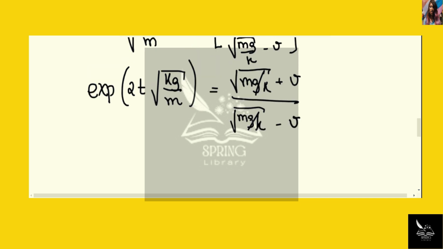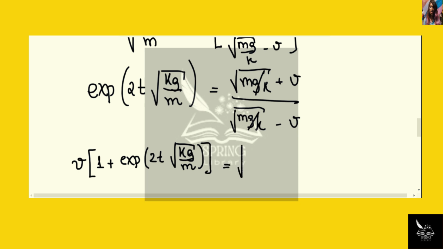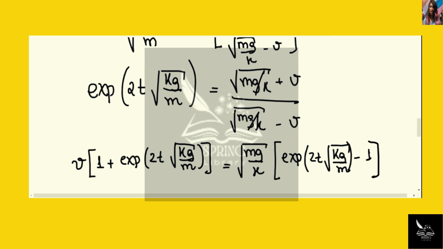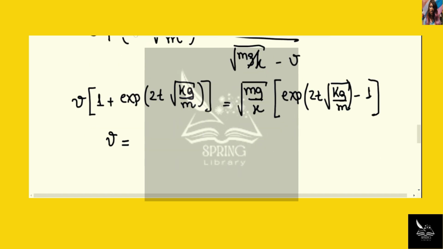Multiplying both sides by the square root of mg over k minus v, we have v times 1 plus the exponential of 2t times the square root of kg over m is equal to the square root of mg over k times the exponential of 2t times the square root of kg over m minus 1.